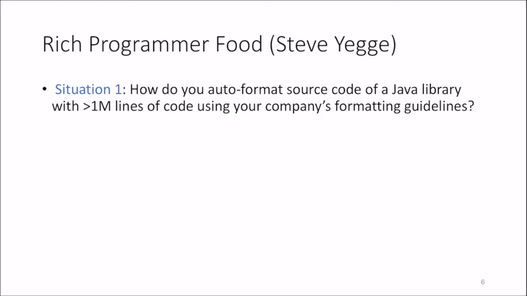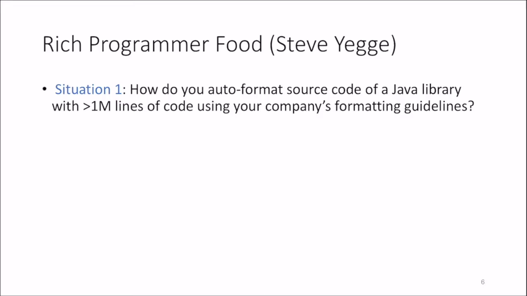So the first situation he talks about is how do you auto-format source code of a Java library with a lot of lines of code, like more than 1 million. And someone in your company has come up with these formatting guidelines that are not standard. So you need to auto-format the source code of everybody's submissions to this Java library in your company and make sure it's obeying these formatting guidelines.